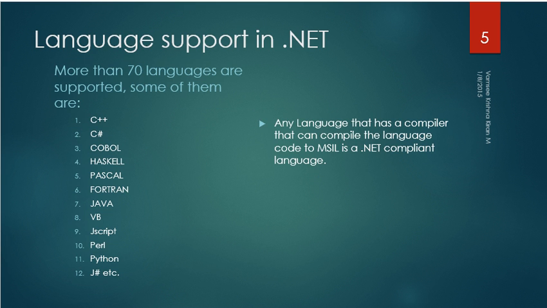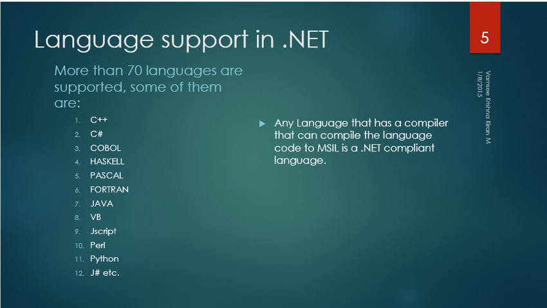So coming to the languages supported in .NET, there are more than 70 languages that are supported in .NET Framework, including C++, C#, COBOL, Haskell, Pascal, Fortran, VB, Java, Python, J#, etc. So, which languages are supported in .NET? Not all.